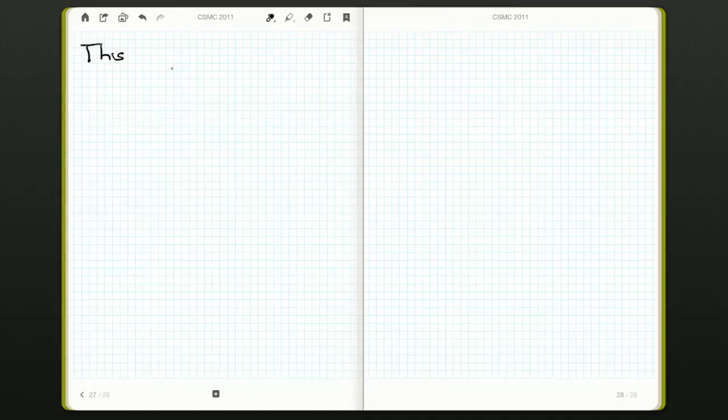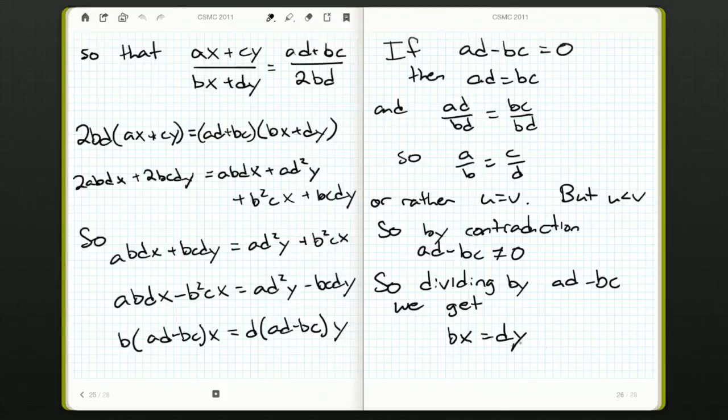So x to be d and y to be b. So this can be satisfied with x equals d, y equals b. Right? BD is equal to DB.